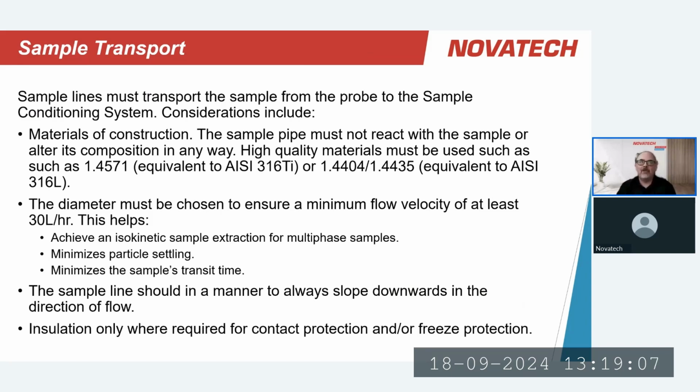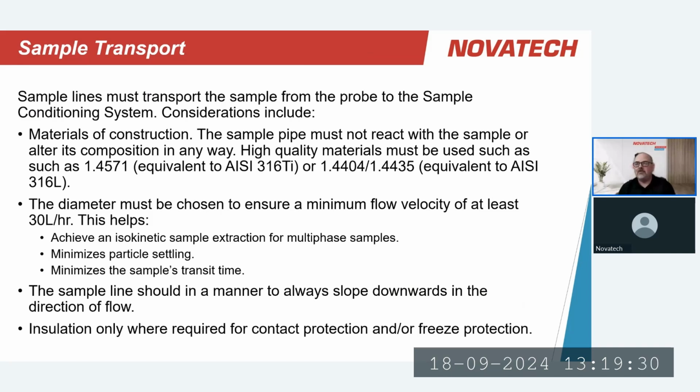So sample materials of construction obviously have to be of high quality so that they don't impart anything to the sample itself. And obviously we don't want things that are degrading and corroding and potentially leaking. But also things like the diameter of the line, ensuring that we have sufficient flow velocity in the line.